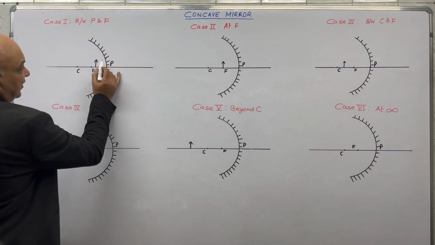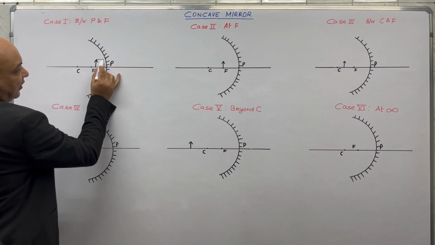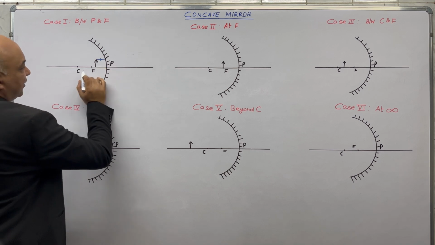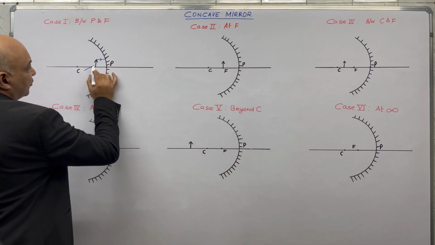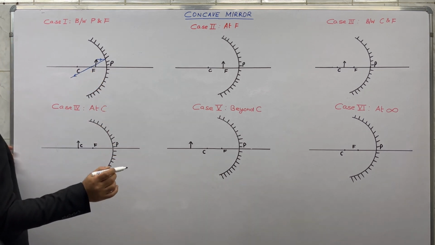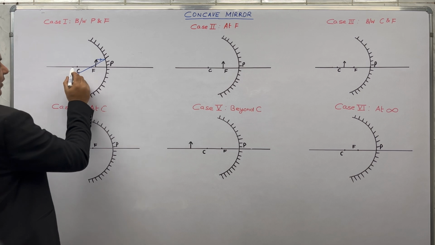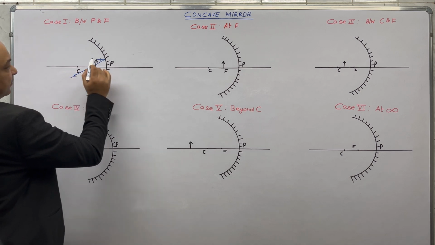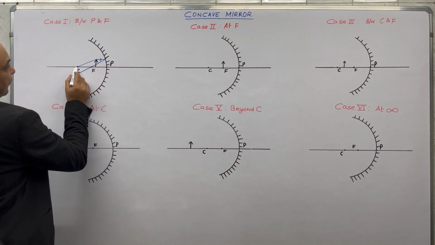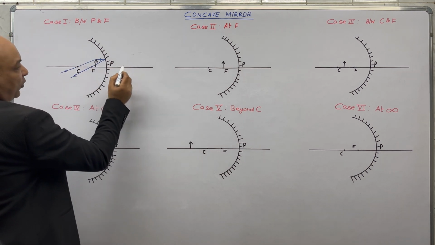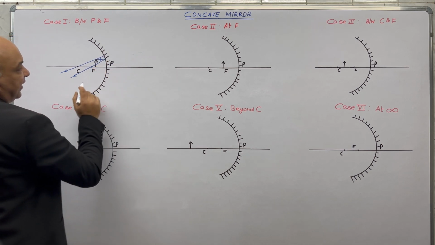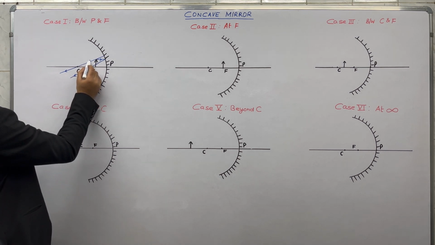So first ray that I am going to take is going to be parallel to the principal axis. After reflection from the mirror, it is going to pass through the focus, and the second ray which I am going to take is passing through center of curvature, which is going to retrace its path after getting reflected from the mirror.